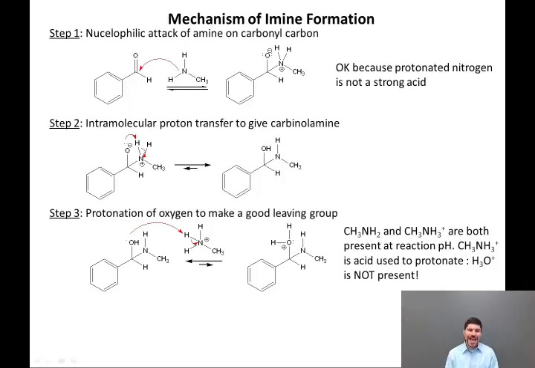Okay, so arrow from the oxygen of the alcohol to the hydrogen of the acid, and then another arrow breaking the NH bond and putting those electrons onto the nitrogen.